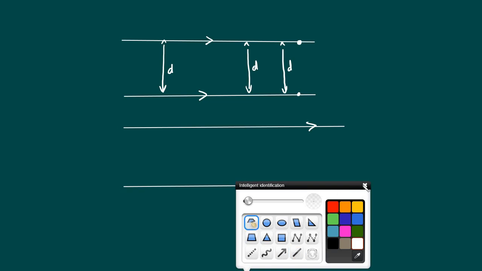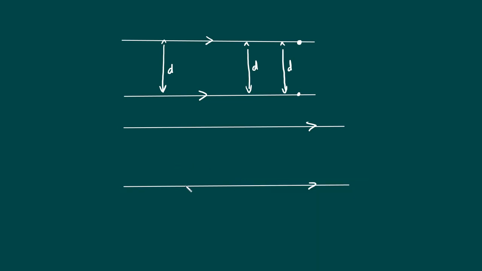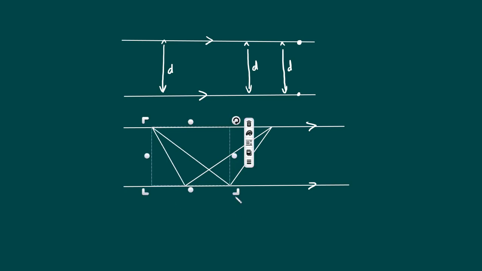Let me have this one here, and then this. And then let me have this one here, and then this. Perfect. Those are my two triangles.